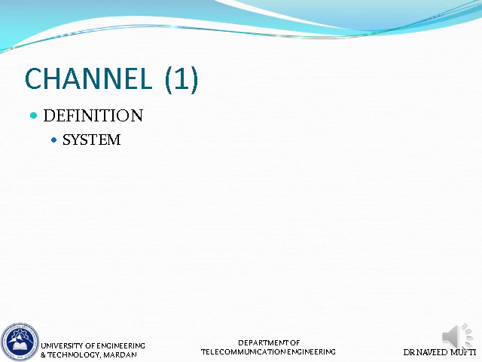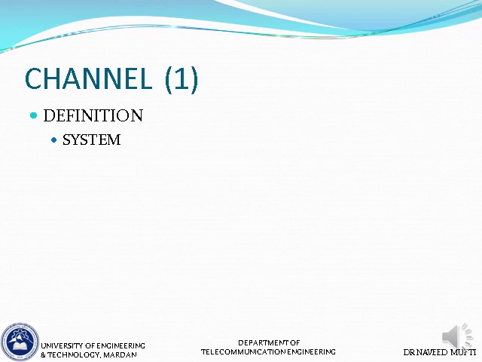And as you know, different systems, they respond differently to different input signals. So same is the case with channels. Different channels, they will respond in different manner to same input signals. And just like in systems, you have an input signal represented by x of t, you have the output signal represented by y of t, while the system itself is represented by h of t, which is the impulse response of the system.